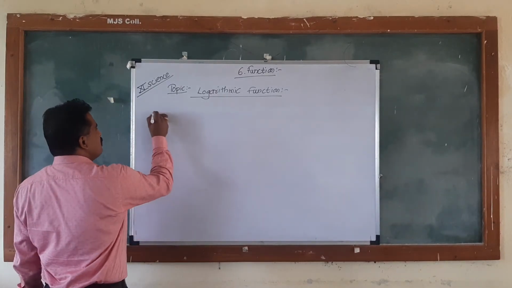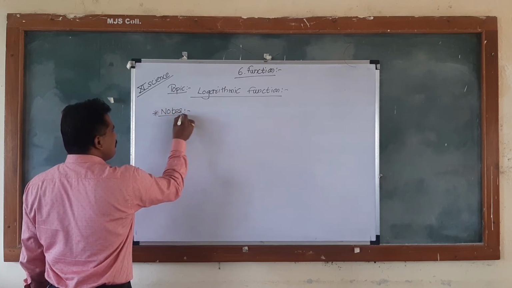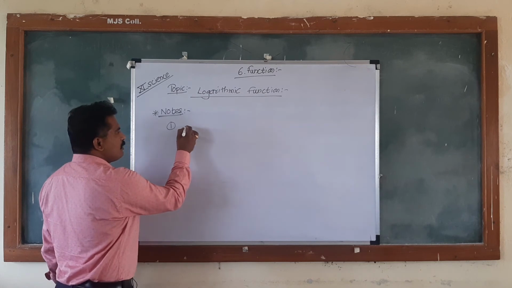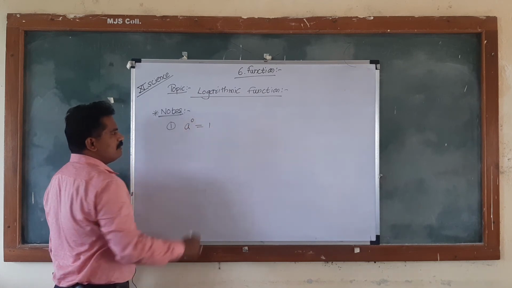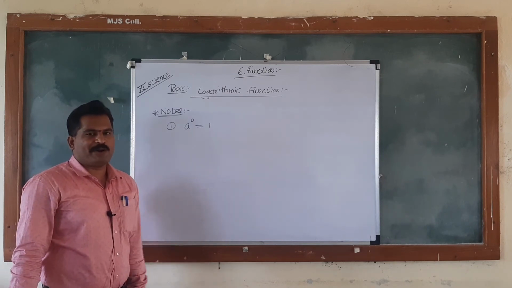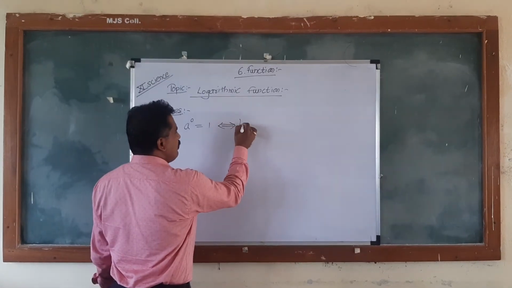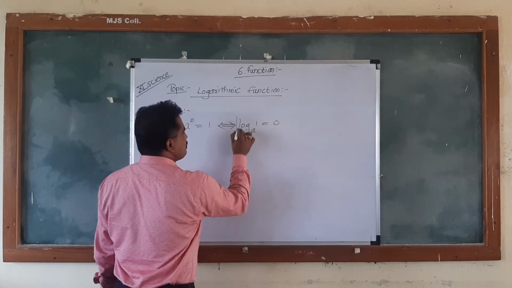Now, notes. Some important notes are there. First, a raised to 0 is equal to 1. Any number with power 0 is 1. Therefore, log of 1 to the base a is equal to 0.